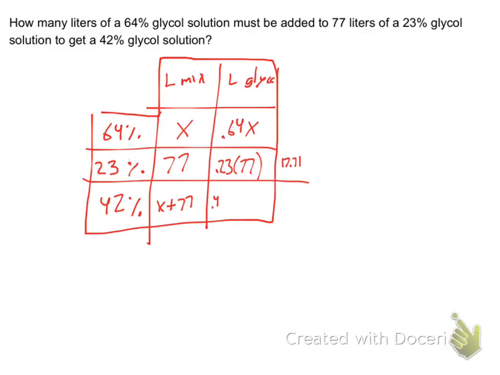So this becomes 0.42 times x plus 77. So the really cool thing about it is 0.64x. Now I'm going to add when going down here, plus the 17.71, equals 0.42 times x plus 77.